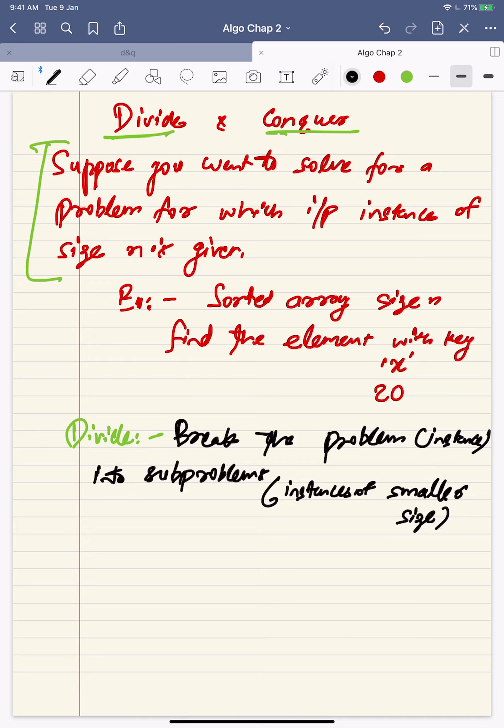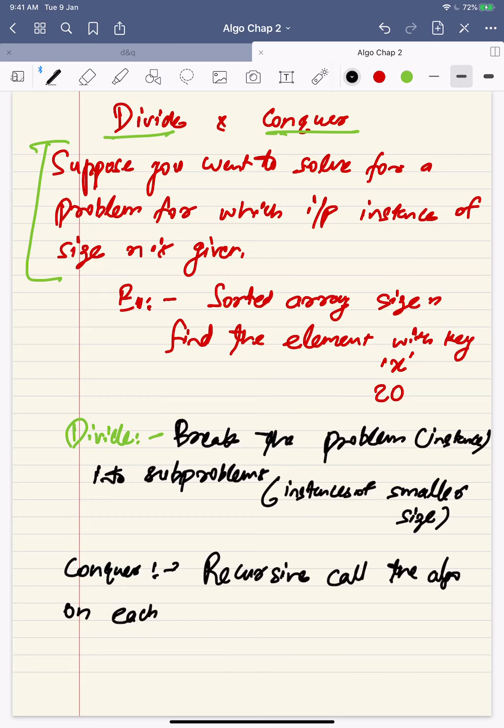And then you conquer this. You're dividing the whole problem into smaller subproblems, and then you conquer it by recursively calling the algorithm on each of the subproblems.